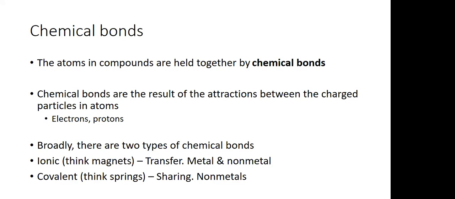And we have two types of chemical bonds that we're going to talk about, the ionic bond and the covalent bond.